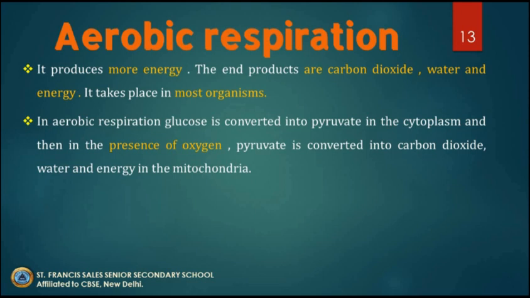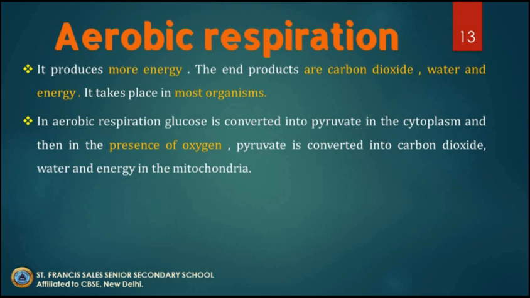That's very important. In aerobic respiration, glucose, a 6-carbon molecule, is converted into pyruvate, a 3-carbon molecule, and it takes place in the cytoplasm. First step in the cytoplasm. There is no need of mitochondria for the first process. The second step takes place in the mitochondria because oxygen is very much needed there.